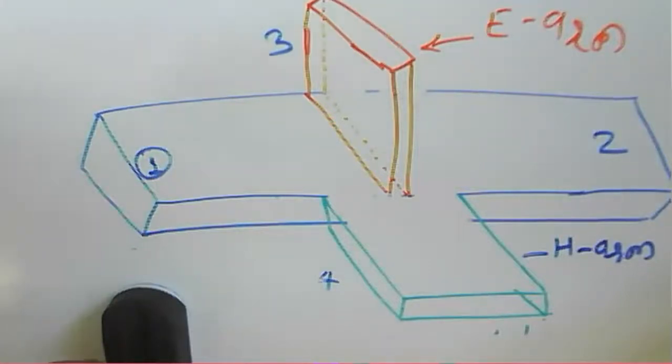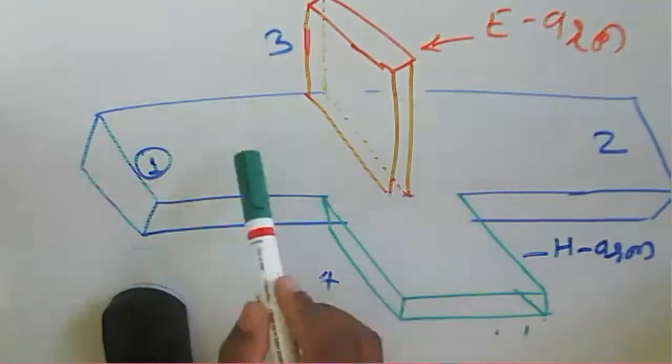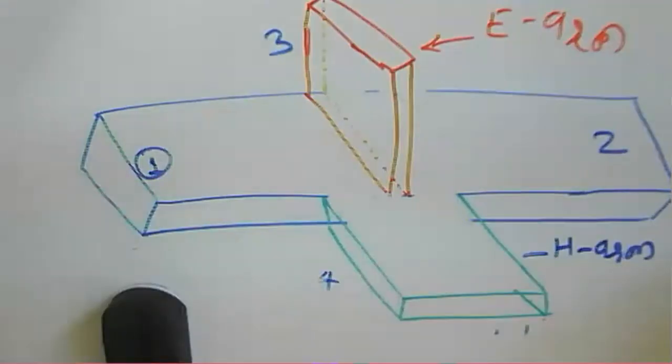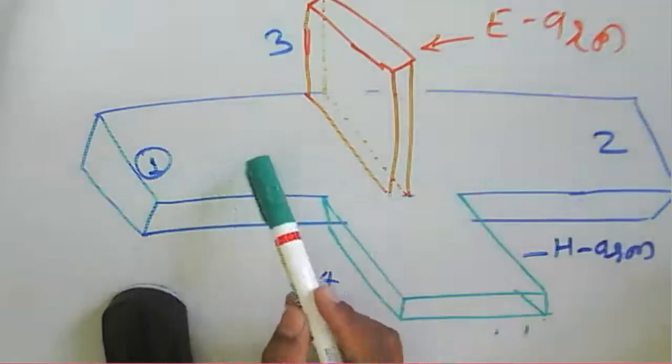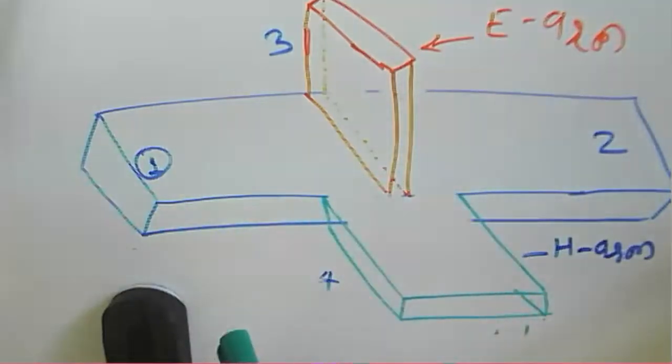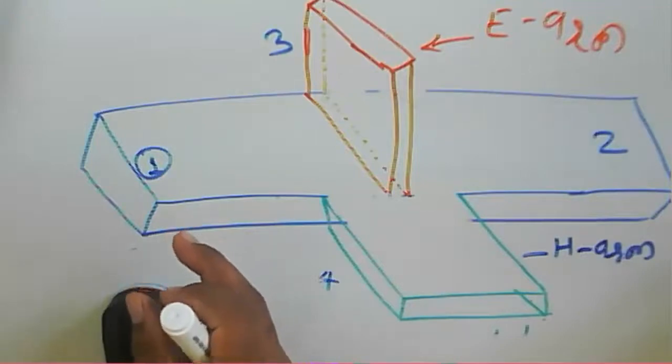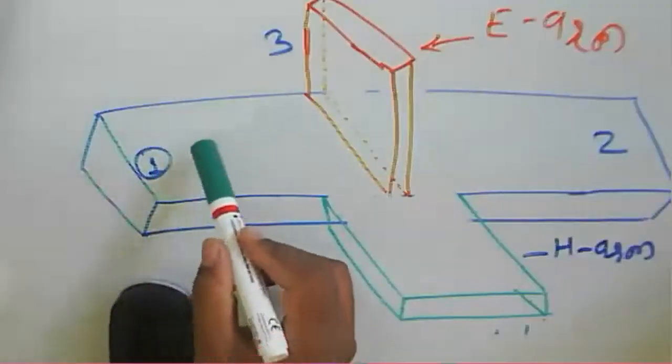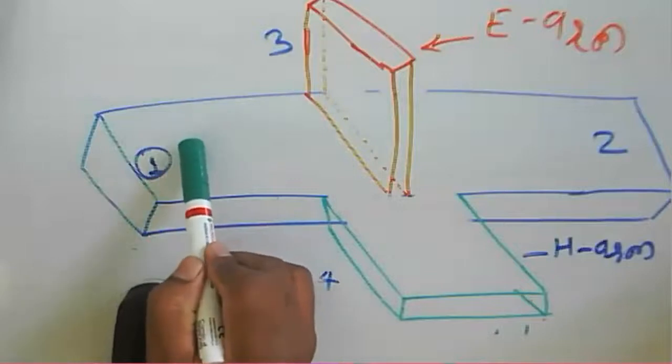If we are providing the input to any of the arms here, it is equally divided, whether in terms of power or in terms of amplitude. Means if we provide the input to the E arm, output will be equally divided there. If we provide the input to the H arm, output will be equally divided to port 1 and port 2. So we say that an input is given to this particular collinear arm, either port 1 or port 2.